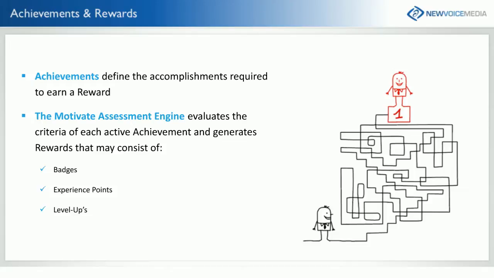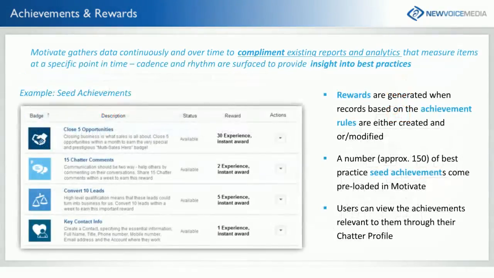And the motivation assessment engine essentially automatically in the background is looking at everybody's digital footprint, if you will, throughout the application and rewarding them when they are doing the things you want them to do, such as add 5 leads a day or move opportunities from one pipeline stage to another over time. So those things are automatically tracked and rewarded as appropriate.